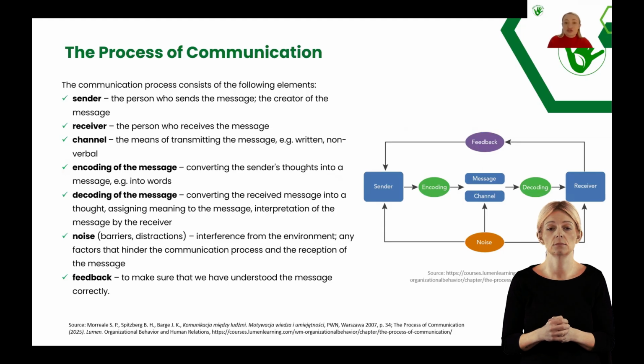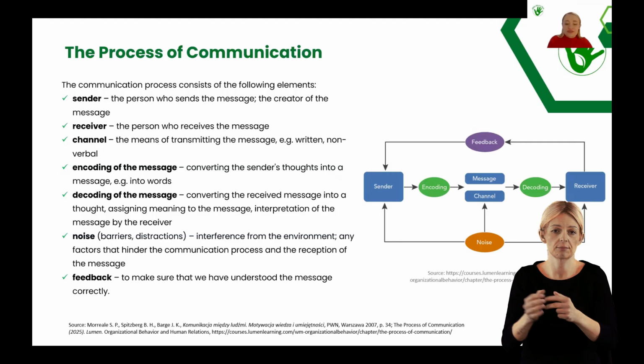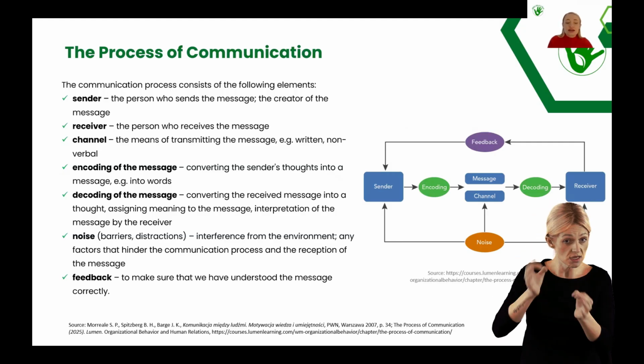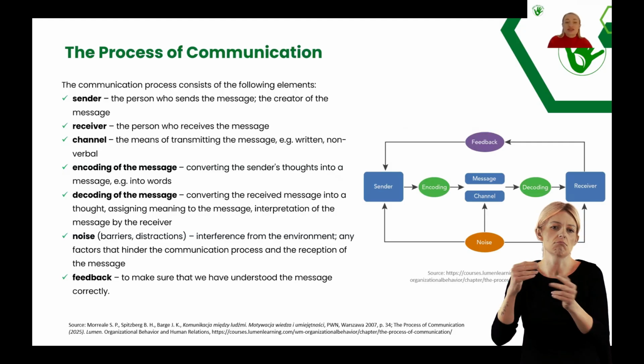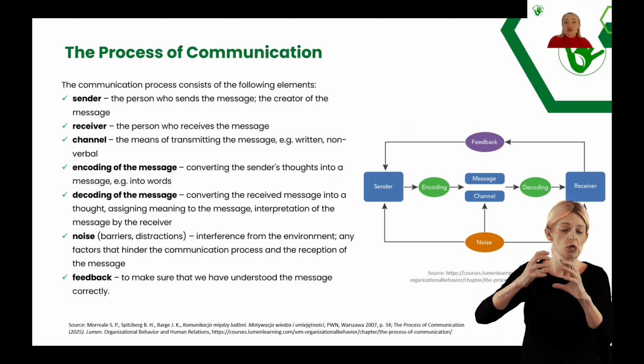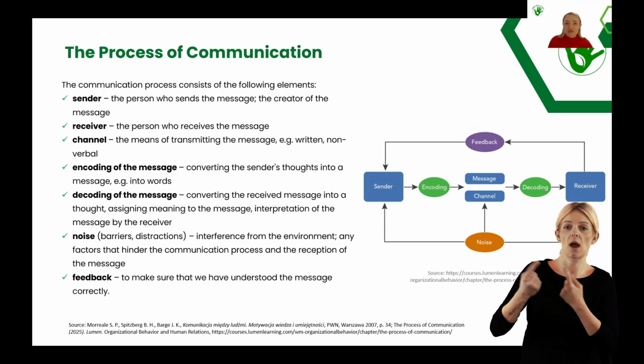It allows the receiver to check whether they have understood the message correctly. Feedback is especially useful when there have been disruptions in the communication process. In such cases, making sure that the receiver has understood the sender correctly can help to ensure effective communication.